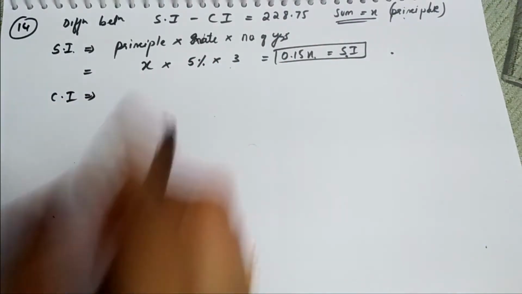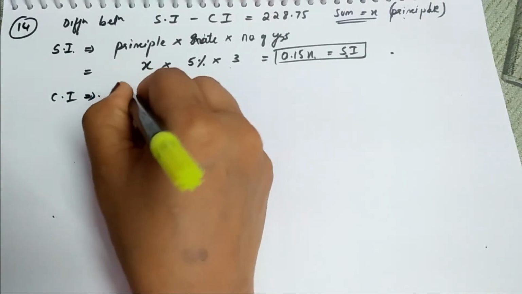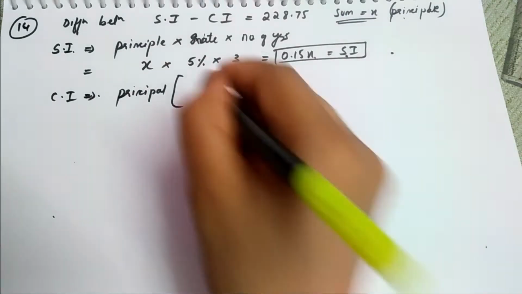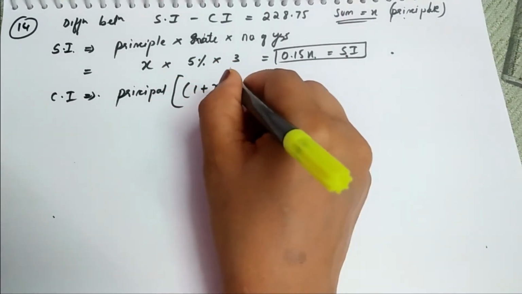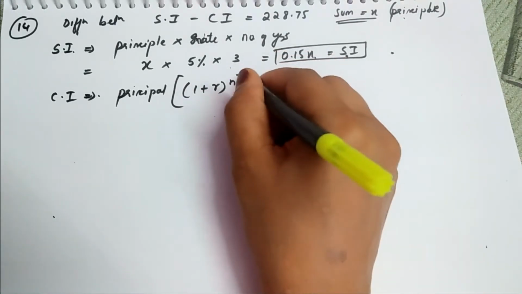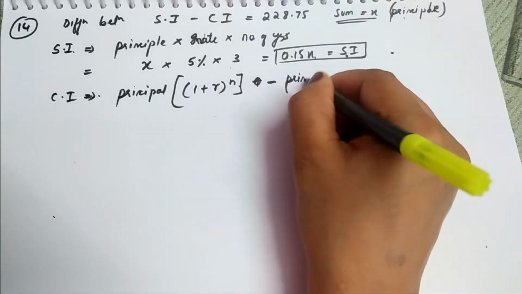What is the formula? Compound interest is the principal amount into 1 plus the rate of interest to the power n, minus the principal amount.